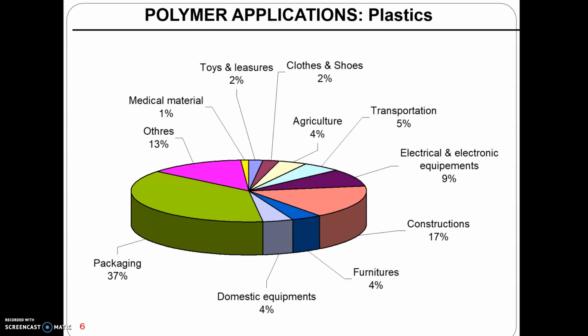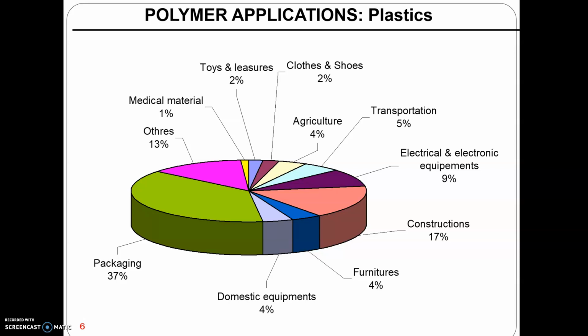We present here some percentages of polymer used in different domains, where we find that the highest percentage is in packaging. Why in packaging is the percentage very high? Because the packaging is very important.